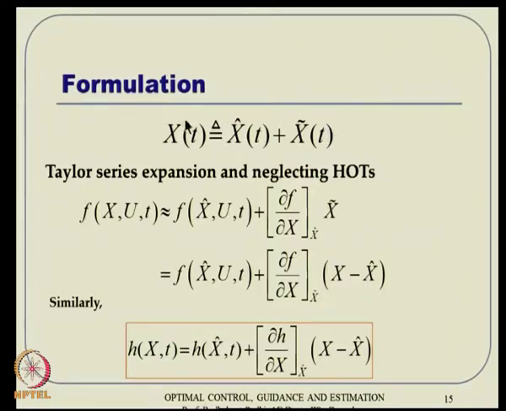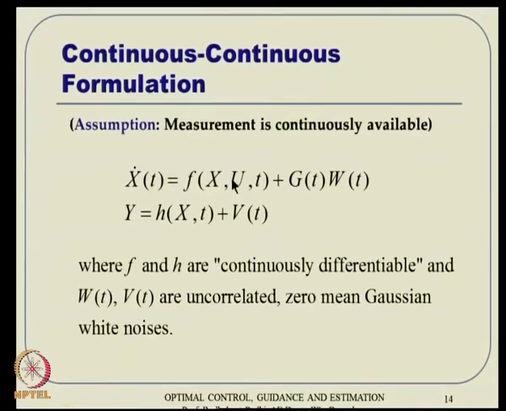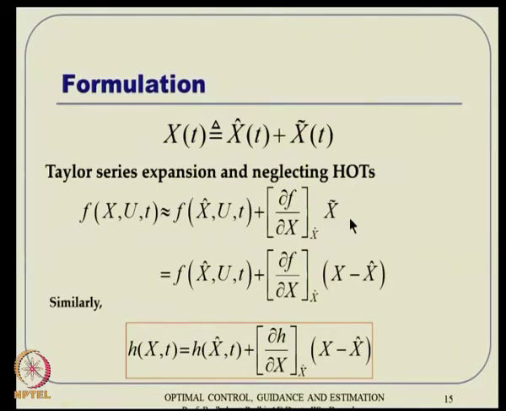So, when you write something like this, what you had in system dynamics can now be written using Taylor series. So, using Taylor series and neglecting higher order terms, we want to expand this expression around x hat of t.